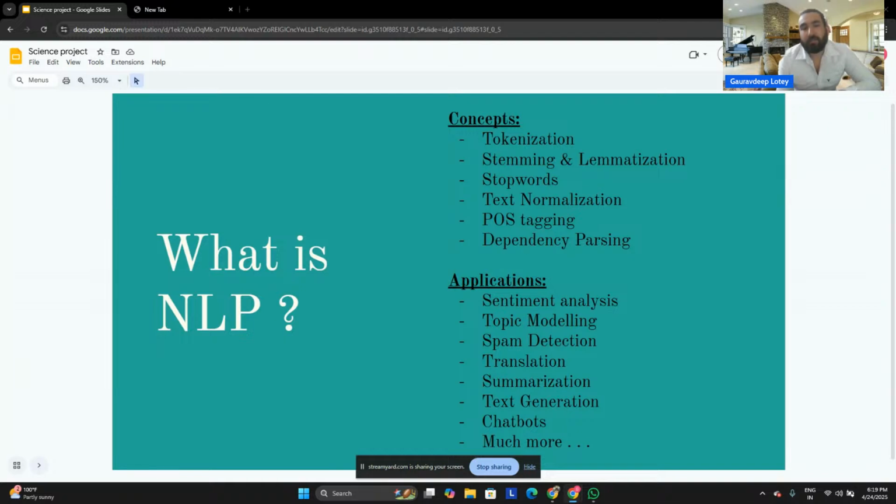So firstly, what is natural language? Natural language is something that is derived naturally from human evolution. When we evolved, we created so many natural languages. English is one of them. Hindi or any other language that we speak is a natural language, right? So the idea to process this language in computers is nothing but NLP, right?